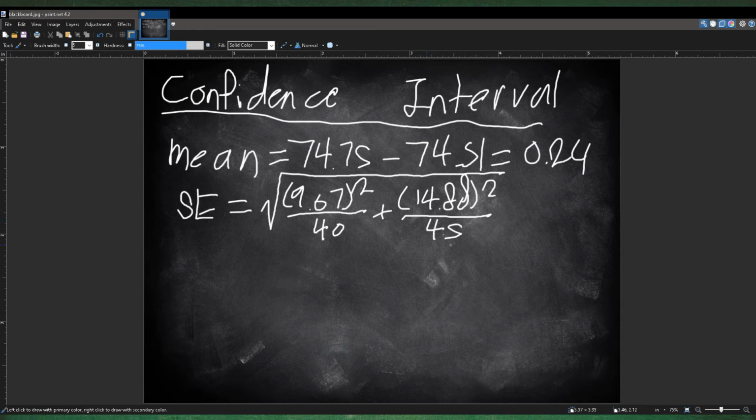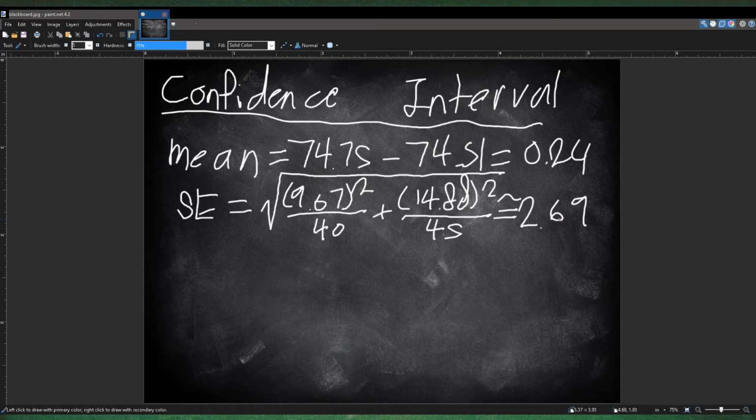So that number was 9.67 squared divided by 40 plus 14.88 squared divided by 45, which was roughly 2.69. Right? So we have that.